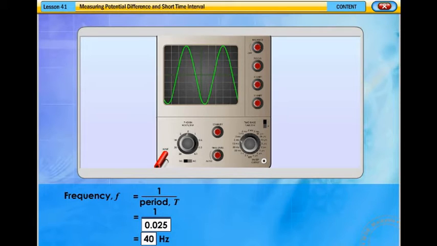Thus, the frequency of the waveform is 40 Hz.